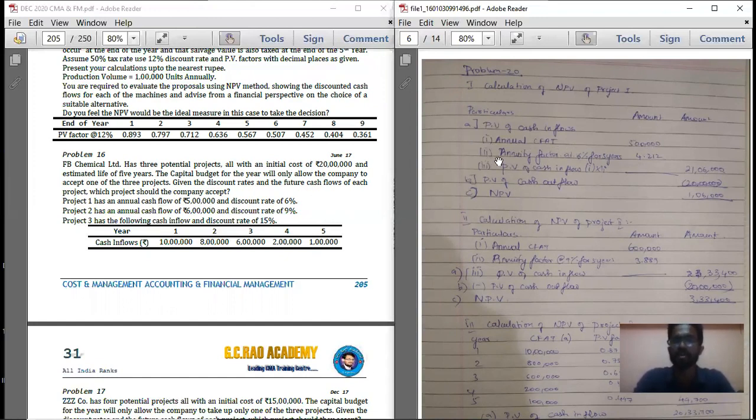Below that, small Roman number 2. What is the discount rate they have given? 6%. So at 6%, we should calculate the annuity factor for 5 years. Come to the present value tables, page number 247.